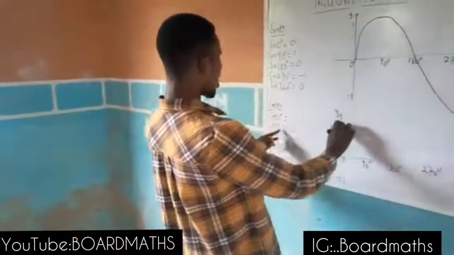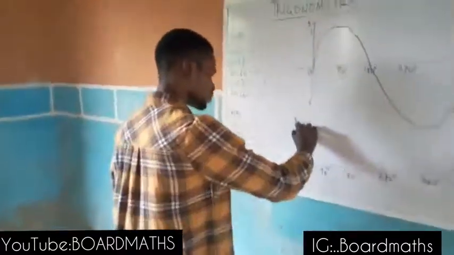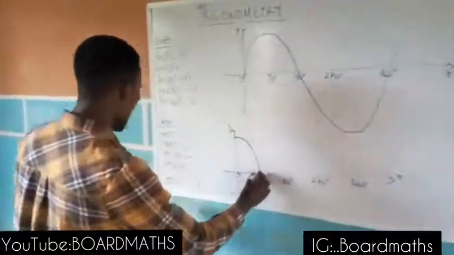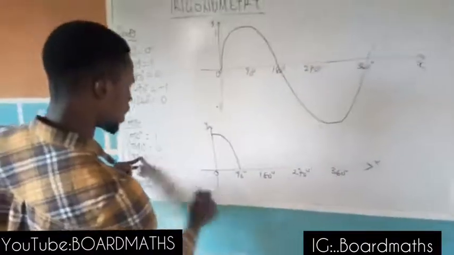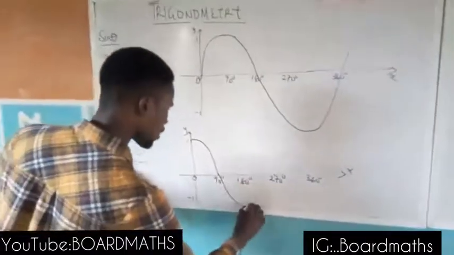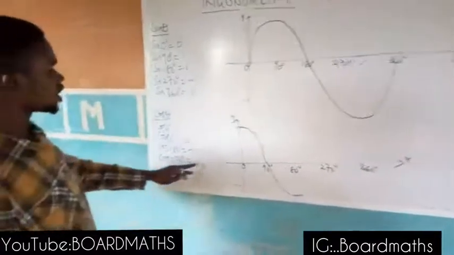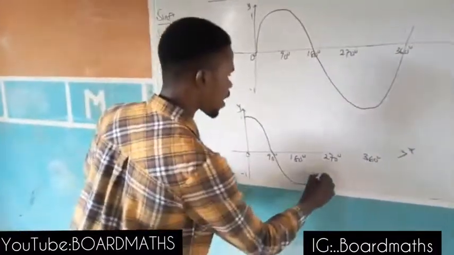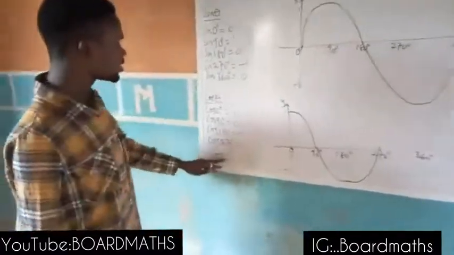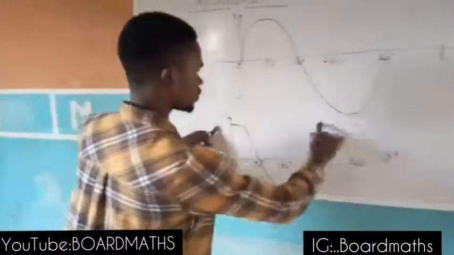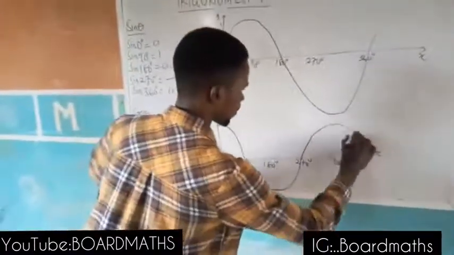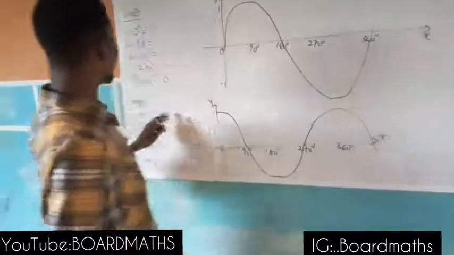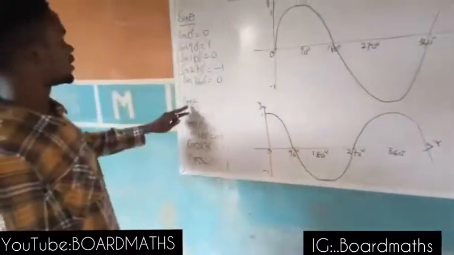Cos 90 degree is 0. Cos 180 degree is minus 1. Cos 270 degree is 0. And cos 360 is 1. So that is the graph of sine theta and cos theta.